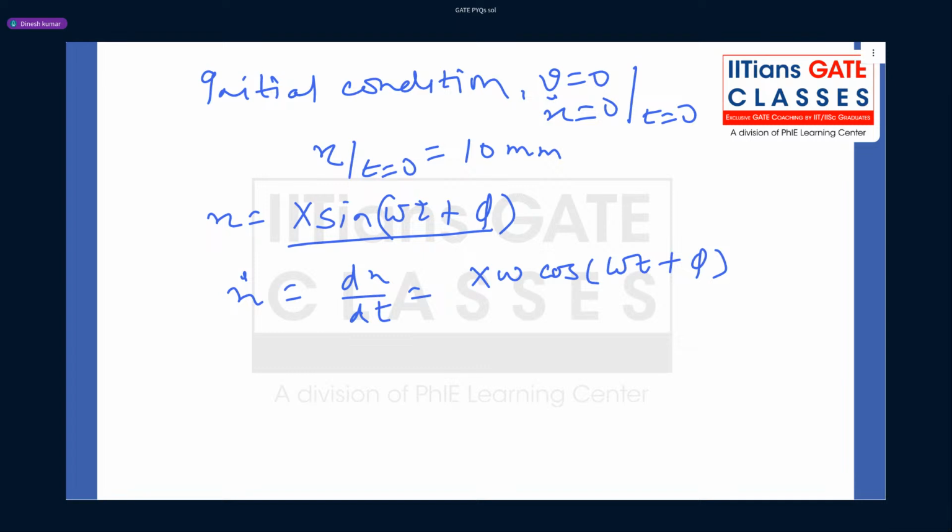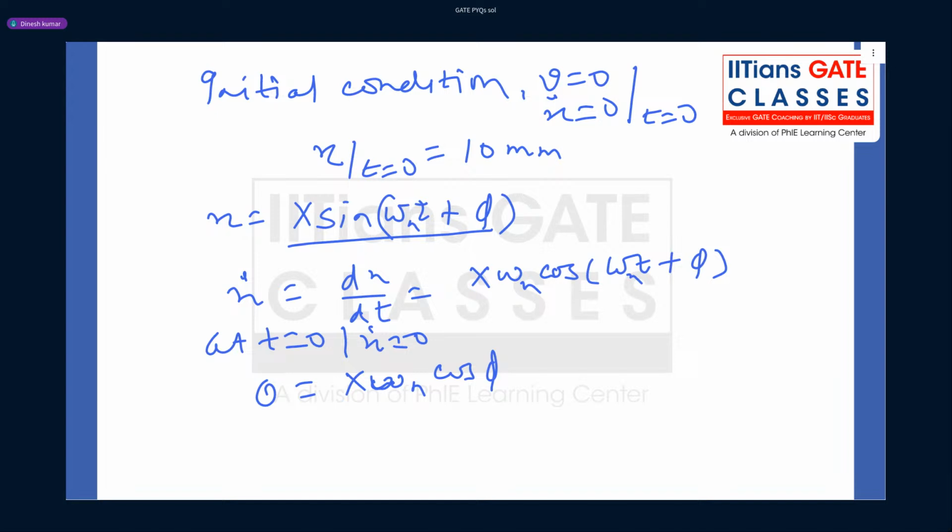Now here you substitute t equal to 0. What is your x dot? It is 0. So 0 equals capital X omega, which is your natural frequency, omega n, times cos of phi.